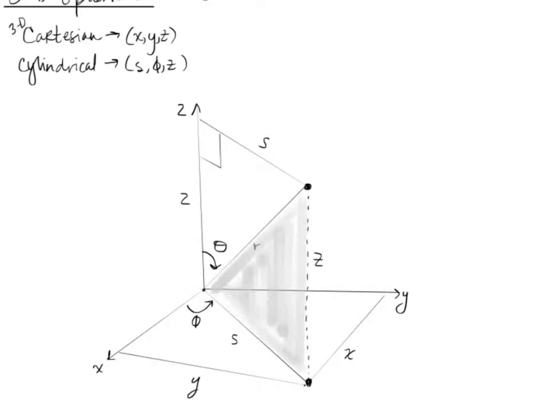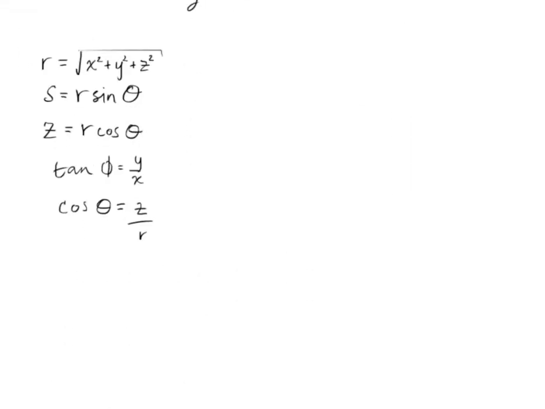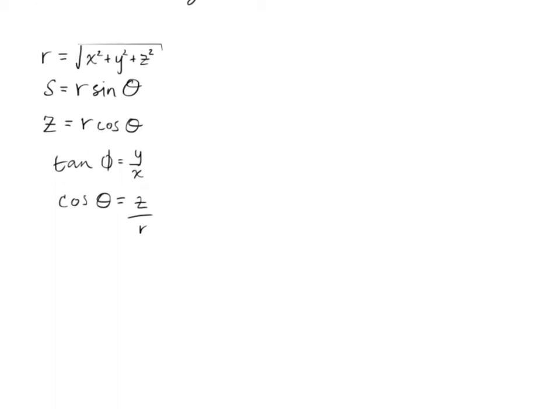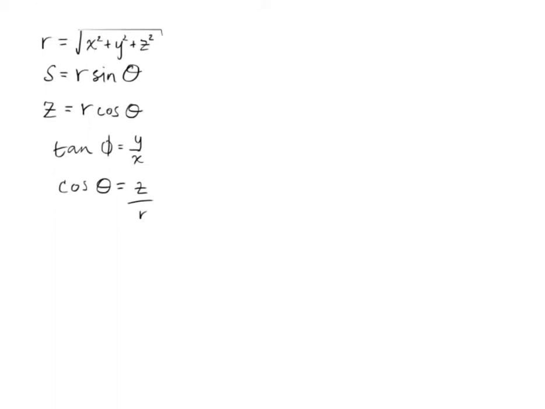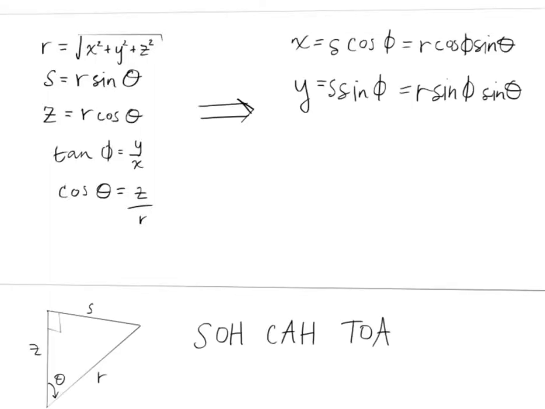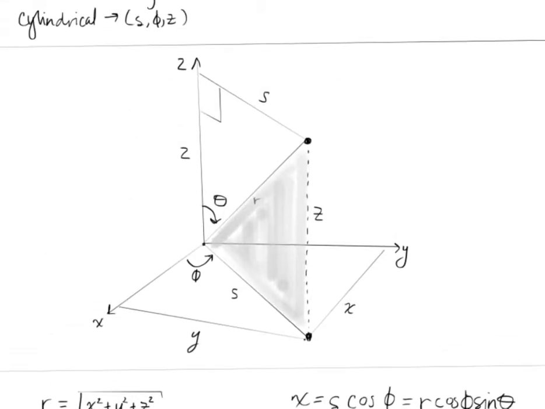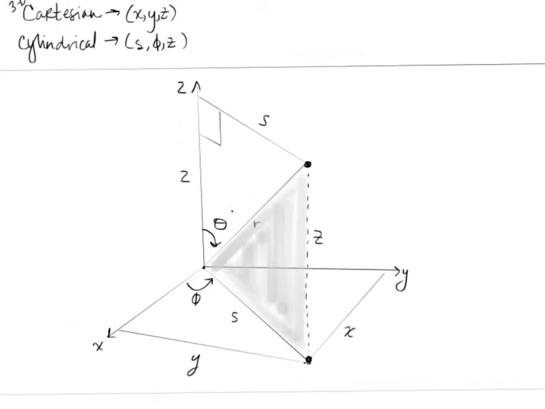And so now we want to begin to derive some relationships between all of these components. So we'll skip down to here. If you can see this little triangle here, we're going to translate it and try to derive some relationships using trig functions.